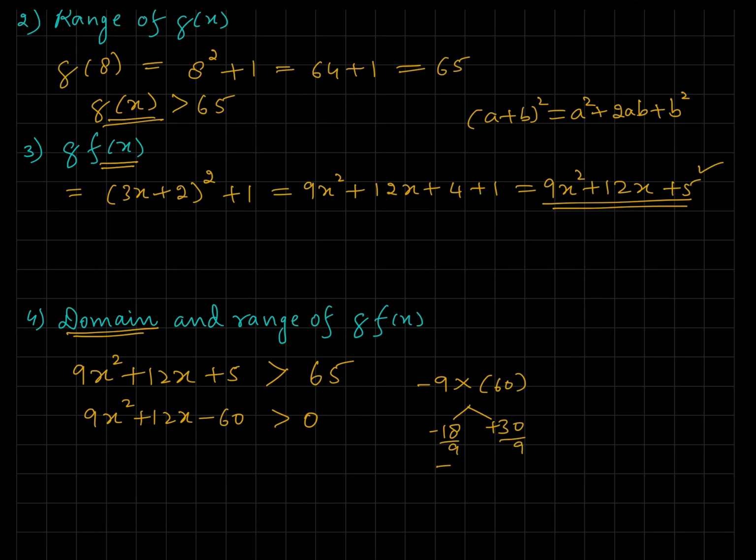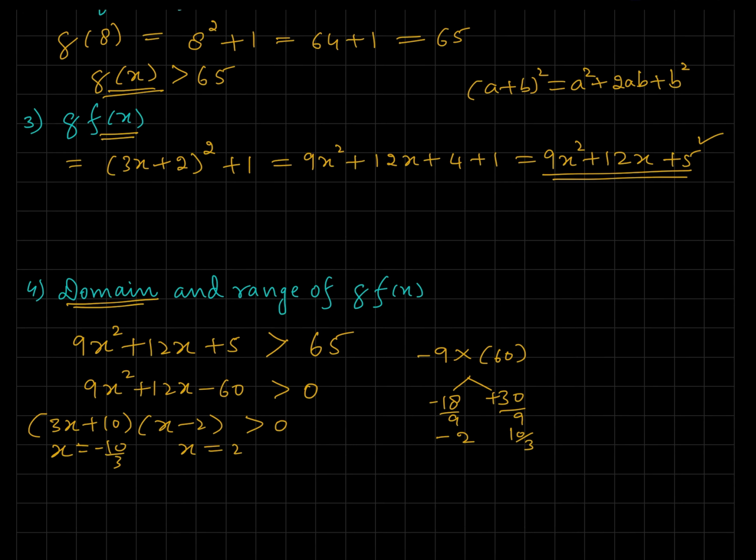So I am taking values negative 2 and 30 over 9, which is 10 over 3 simplified. So our factors would be (3x + 10)(x - 2) greater than 0. Okay, so here the x value would be equal to negative 10 by 3, and from here I will get x value equal to 2.